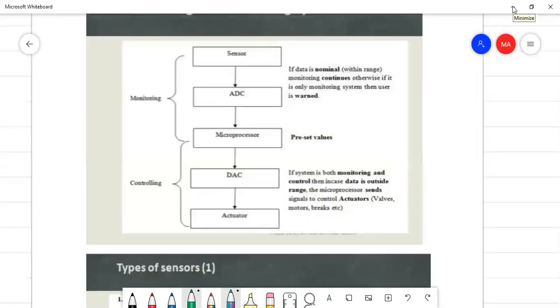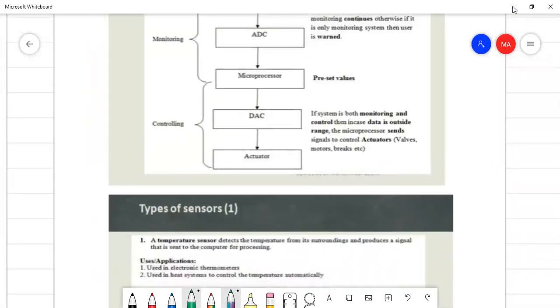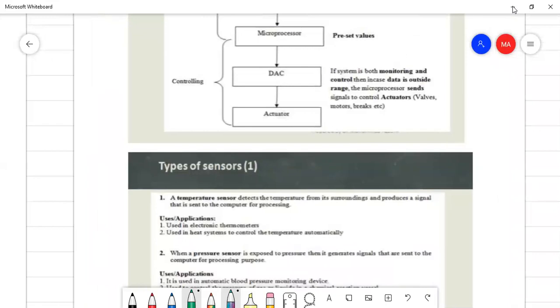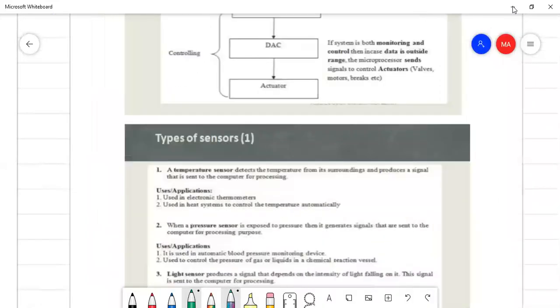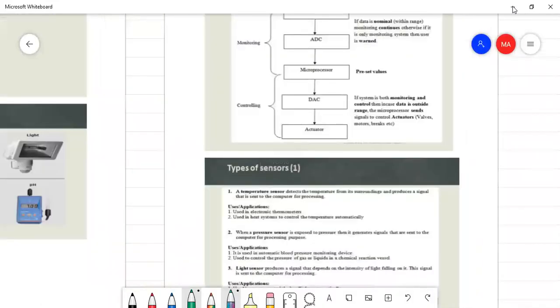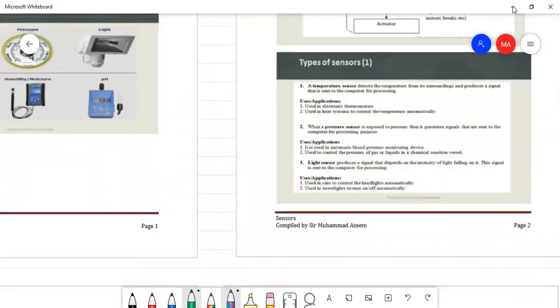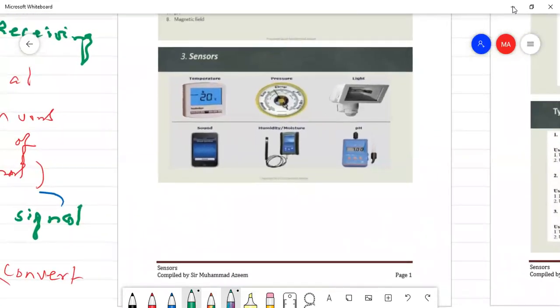Before seeing the past paper, first, what are the different types of sensors available in your market?